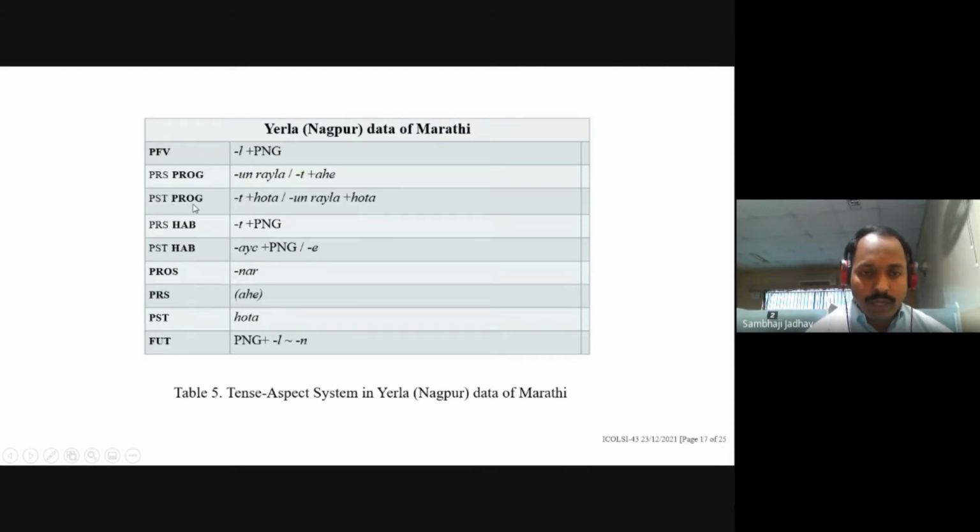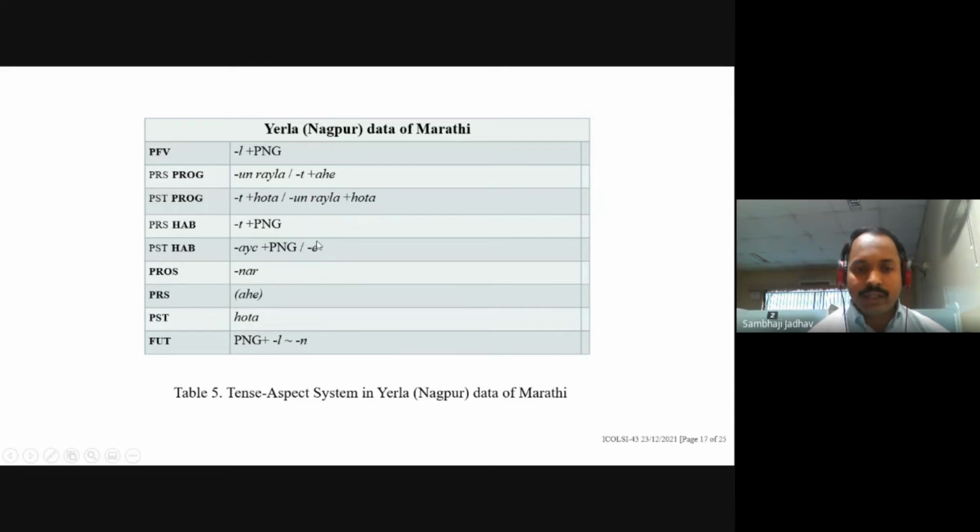If you look for past progressive, you get the hota marking. Additionally, undraila hota is also there where the past tense auxiliary is added, but we get very few tokens of this. Normally we get a system like this. Then habitual the PNG, and past habitual you get is plus PNG.